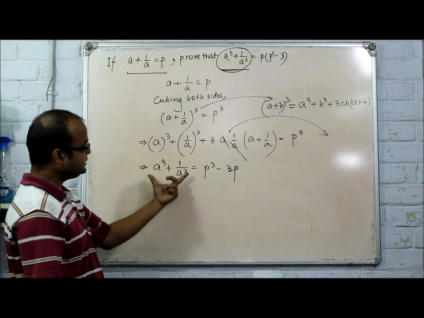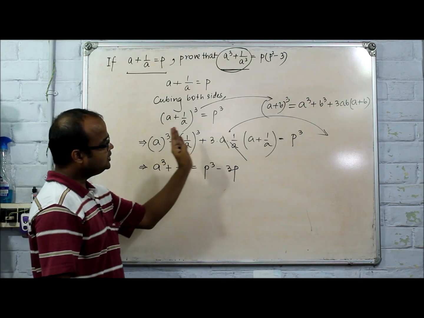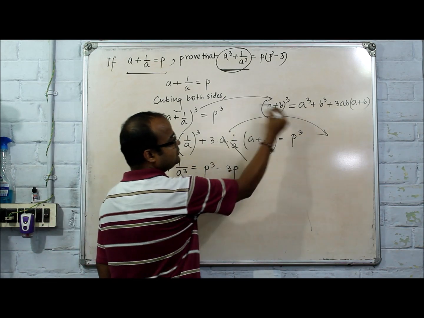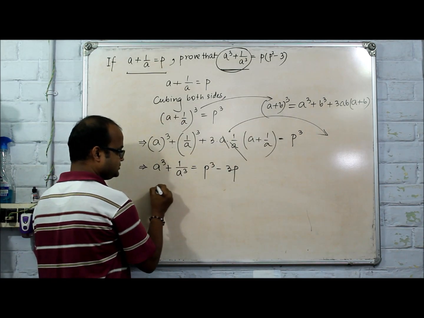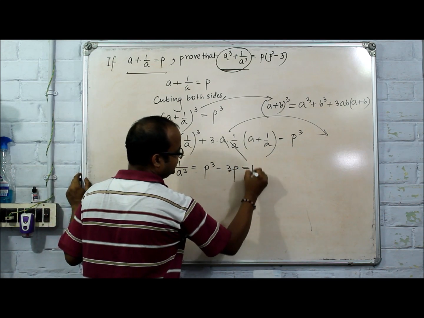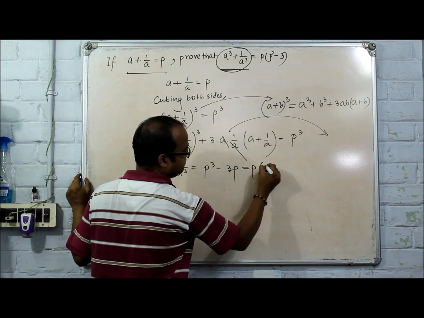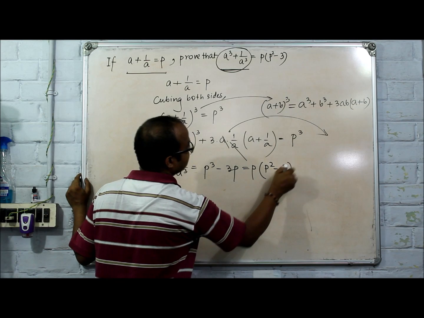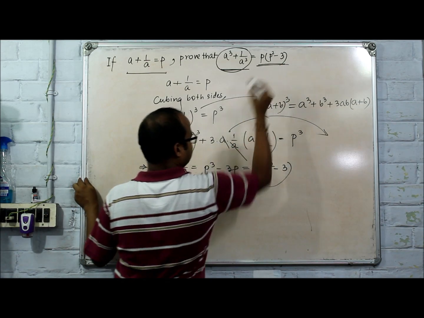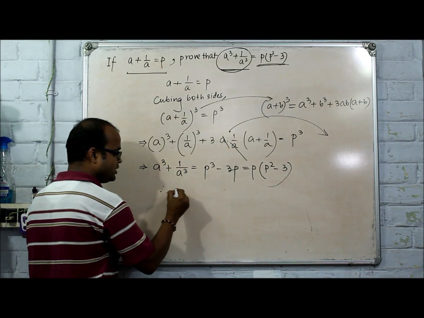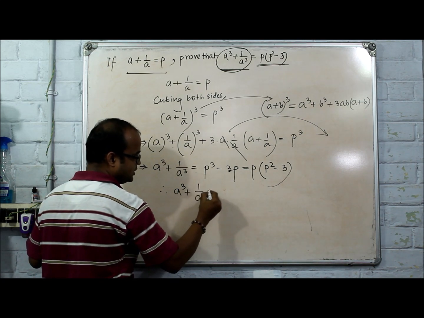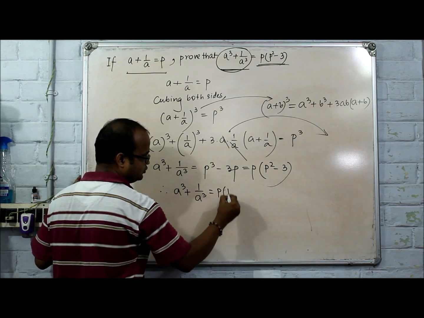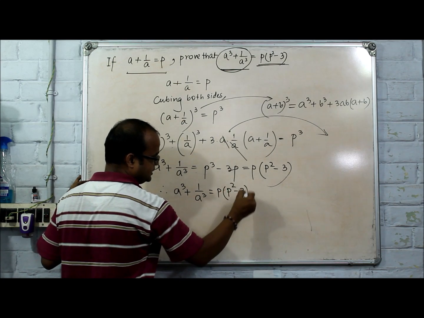So we are keeping these two terms here, and this term we are taking to the other side. So p common, you get p into p square minus 3. Therefore, a cube plus 1 by a cube is equal to p into p square minus 3.